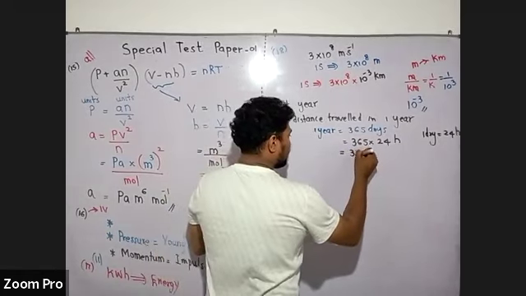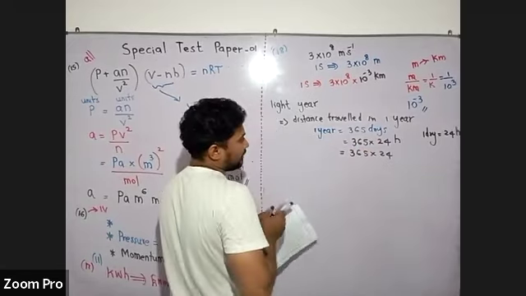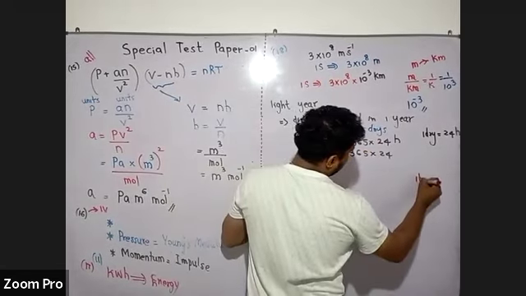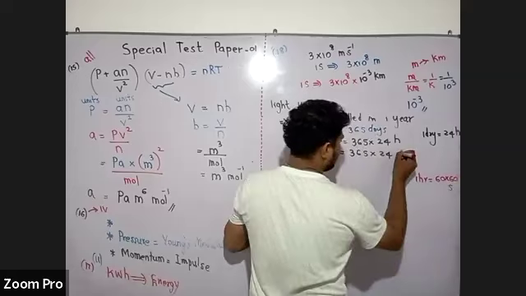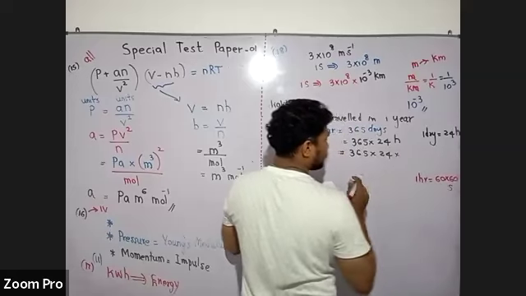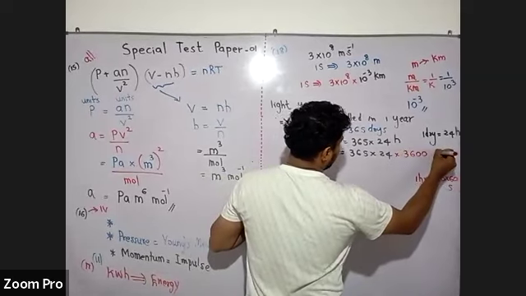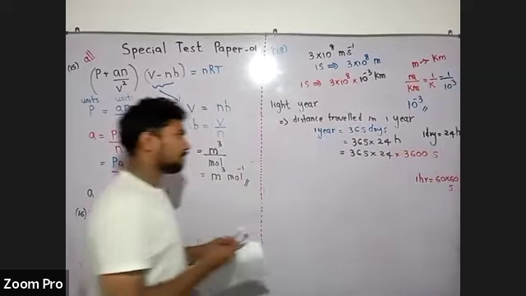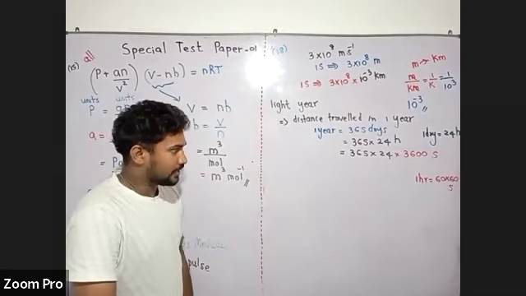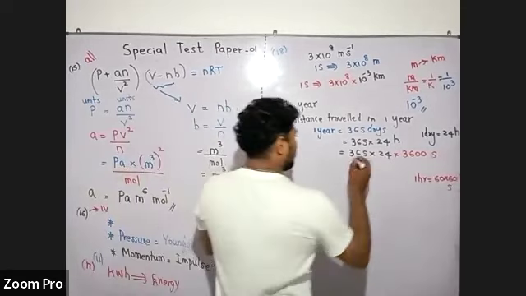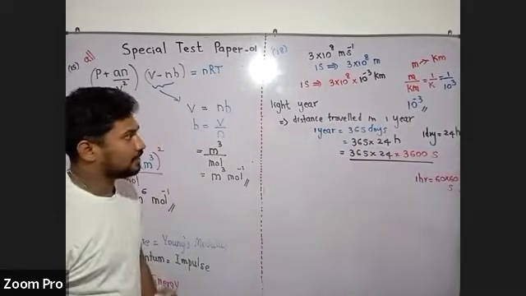To convert hours into seconds, you know that 1 hour consists of 60 into 60 seconds, that is 3600. So I multiply by 3600 to convert this value into seconds. If I provide 1 year in seconds, this is the answer.